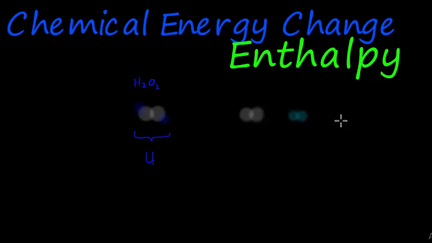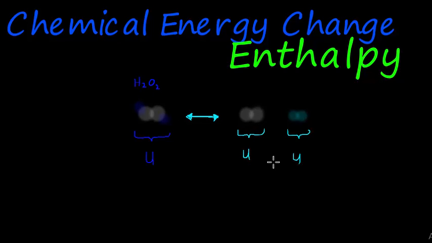This one will have potential energy, and this one will also have potential energy. This is a reaction. It's a two-way reaction. It can go both ways. But the point is that we have potential energy in my original molecule, and then potential energy in these two molecules as well.